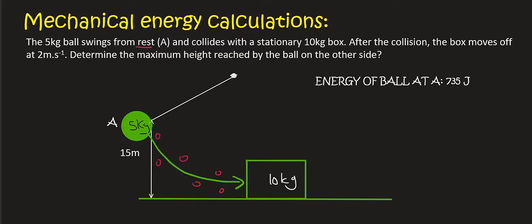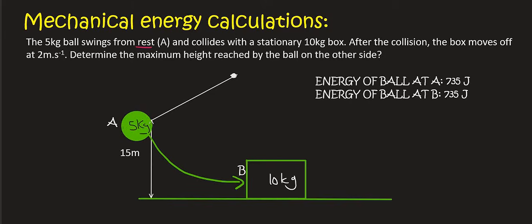So we can work out how fast that ball will be traveling the split second before it hits that block, because we know, let's call that point B, that the mechanical energy must stay the same. Of course, the energy type will change from potential to kinetic, but the total amount of energy will still be 735. Now when that ball reaches the block, it's at ground level, and so it won't have any potential energy, so all of its mechanical energy will be due to kinetic energy.